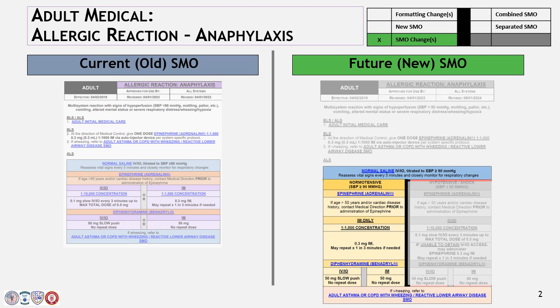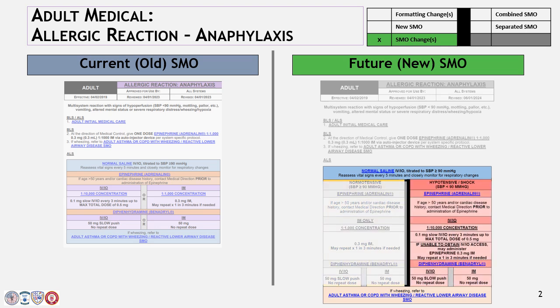during the regular CE, and I made reference to the fact that the IM dosing for hypotensive or shocky anaphylactic patients probably would end up back in the protocol, and that's in fact what happened.